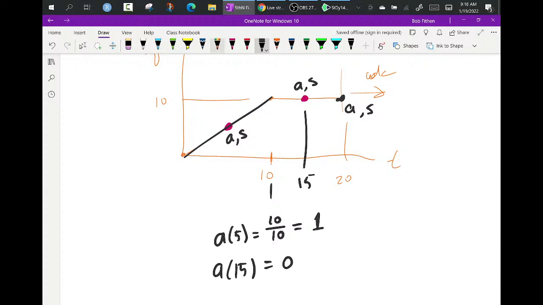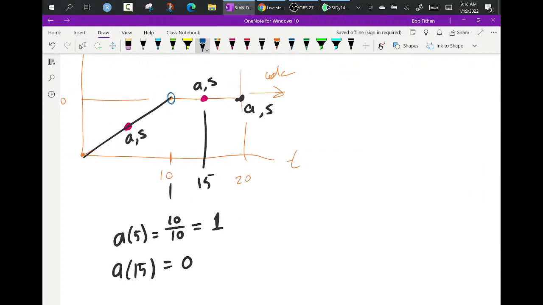Now, there's always a discussion about the point that sits right there, and I'll put it in an interesting context. You go to right here, and you change your velocity instantly. That's not good, because if you change your velocity instantly, you change from an acceleration of 1 to an acceleration of 0.